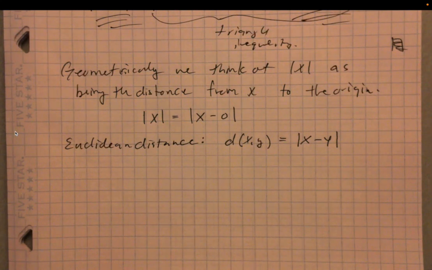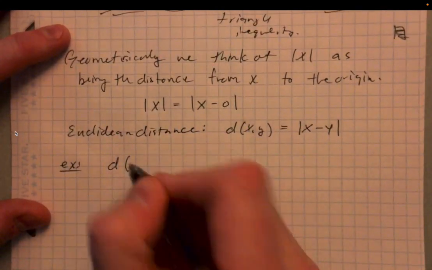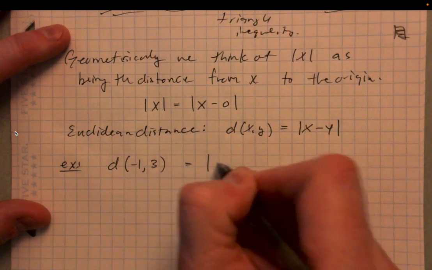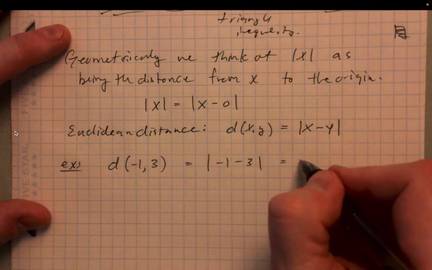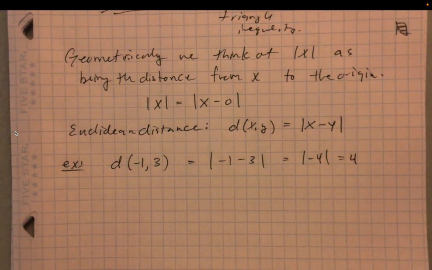Right, so for example, the Euclidean distance between the points -1 and 3 is just the absolute value of -1 minus 3. And so it's just the absolute value of -4, so it's 4 units between these 2 points on the x-axis.